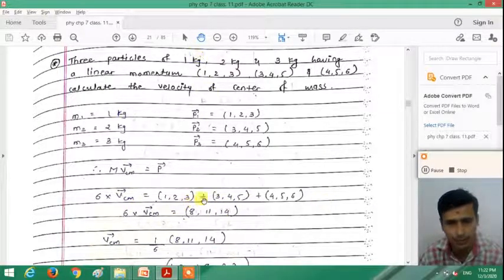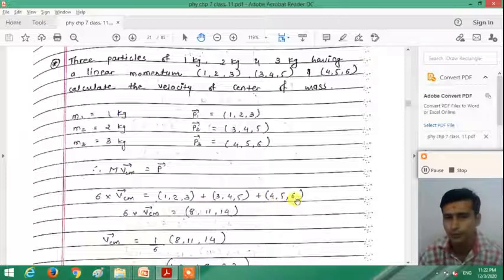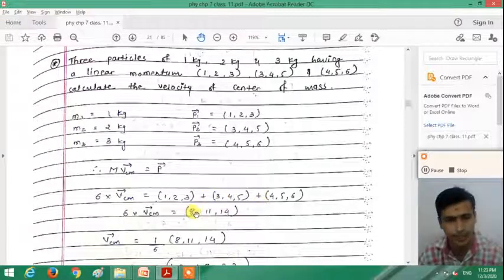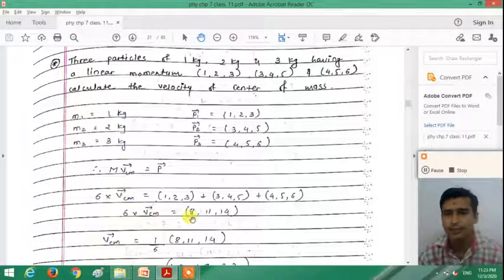That is (1, 2, 3) plus (3, 4, 5) plus (4, 5, 6). Now add the linear momenta: x coordinate 1 plus 3 plus 4 gives 8, 2 plus 4 plus 5 gives 11, and 3 plus 5 plus 6 gives 14, right? So 6 times VCM gives the total linear momentum (8, 11, 14).